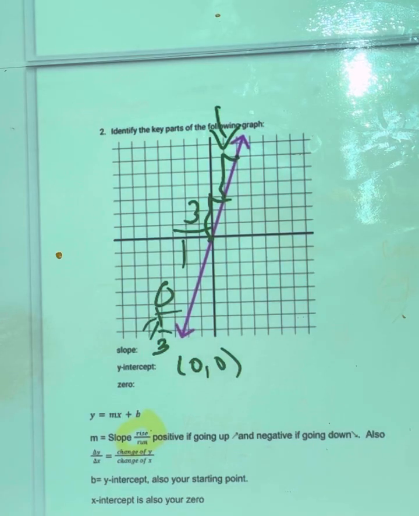And the 0 is another way to say x-intercept. So the key on these is finding the x-intercept. Is that a hard question? No, but you have to know what it's asking. When it's asking for the 0, it's just asking for the x-intercept, which is at 0. So that is going to be a single number. It's kind of like your solution.